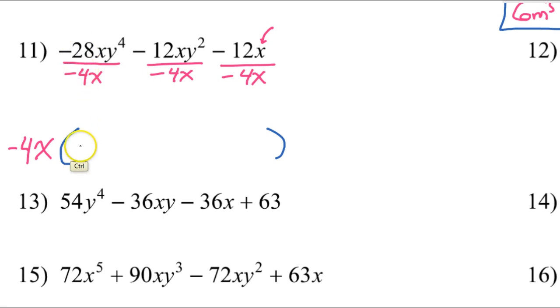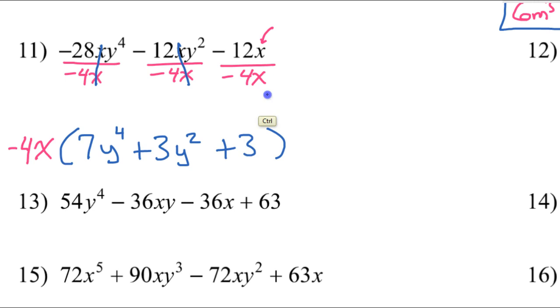Okay, a negative divided by a negative is a positive, so this will be positive 7. The x's cancel each other out, so that's just going to leave y to the 4th power. A negative divided by a negative is a positive, so this will be positive 3. The x's cancel out, and that's going to leave y squared. Negative divided by a negative is a positive, so that's going to be positive 3.